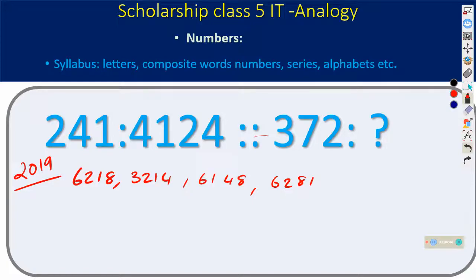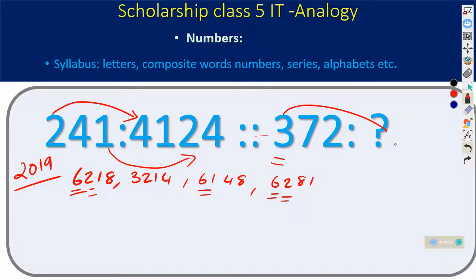One thing is sure, that 6 is repeated 3 times, so the answer should go to 6 only. 2 is also common 2 times, so there is a chance like this. 1 8 and 8 1 is put a little bit laterally inverted. So that means 3 will become 6. That means 2 has become 4. 1 has become 2.